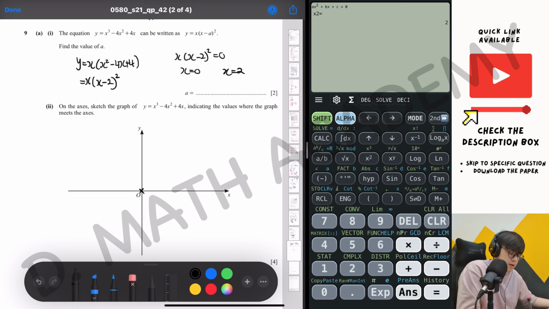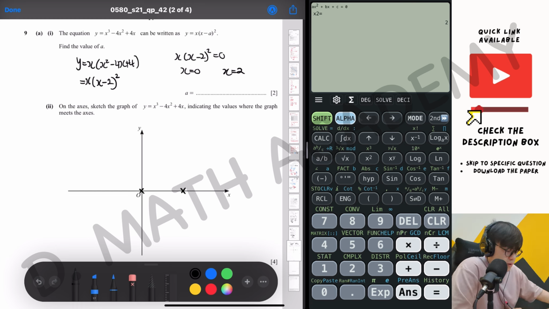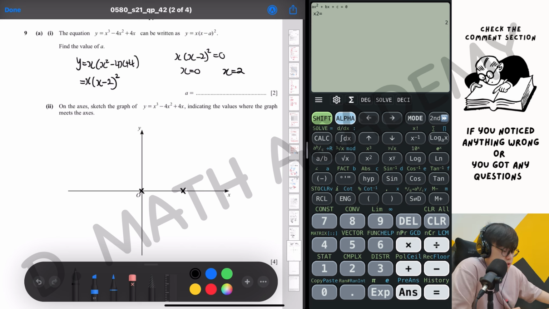And so to make your life easier, there's one more thing that I would do, which is to trace the turning point. Okay, because with the turning point, everything will be easier.